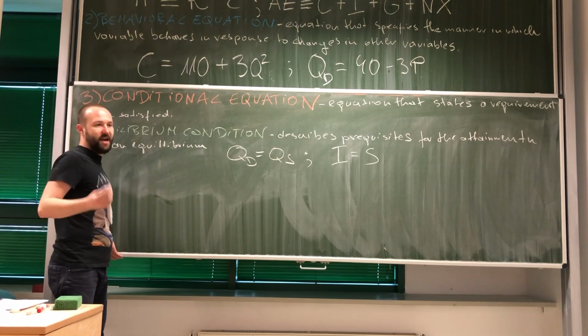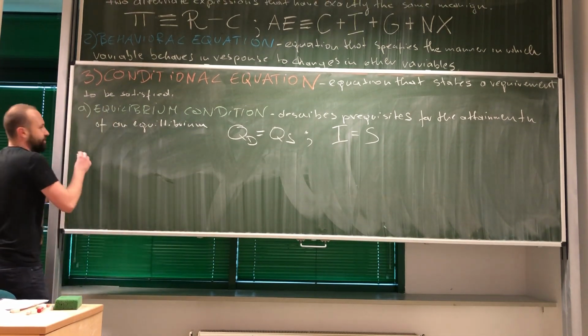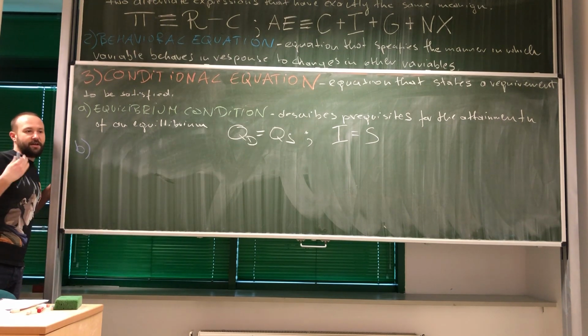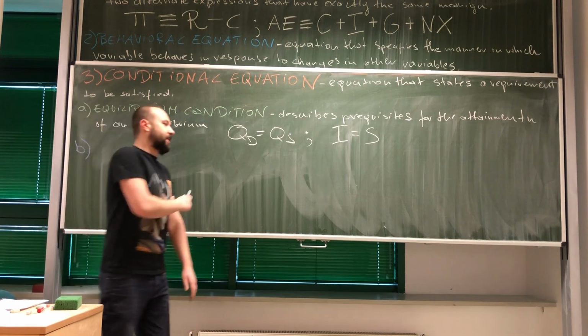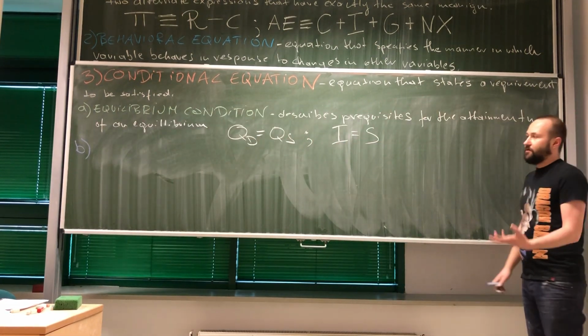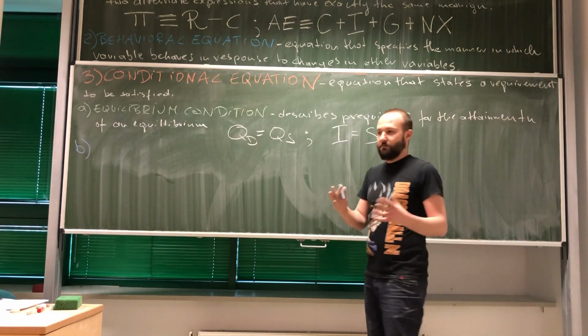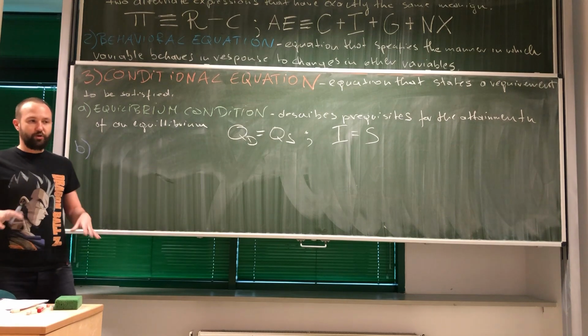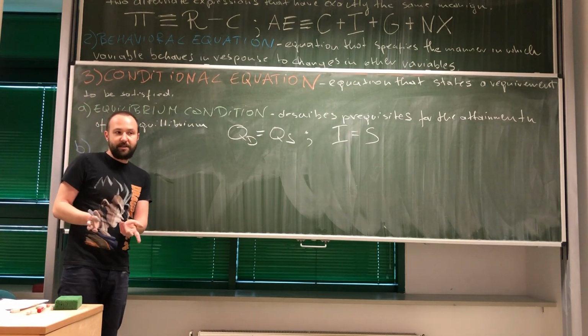Okay, and finally, the second type of condition is optimization condition. We've done a lot of optimization in our mathematics class. So you, for example, know that to find a maximum or a minimum, first derivative needs to be equal to 0, right?